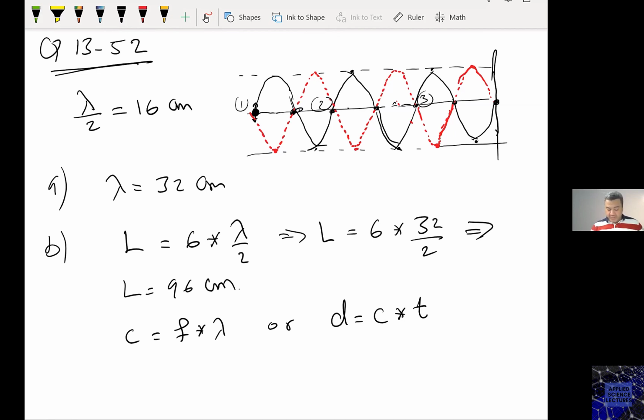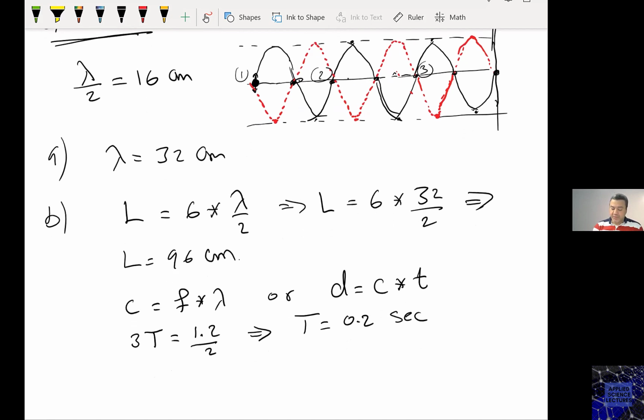So 3 lambdas, so the period: 3T equals 1.2 divided by 2. Then T is 0.6 divided by 3, which is 0.2 seconds. So the period for one wavelength is 0.2 seconds, which means the frequency is 5 hertz.